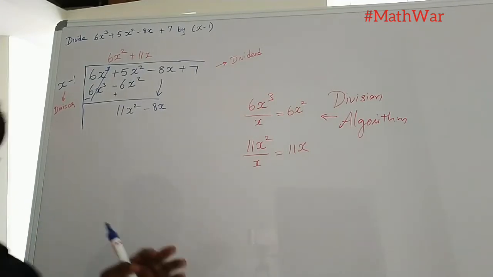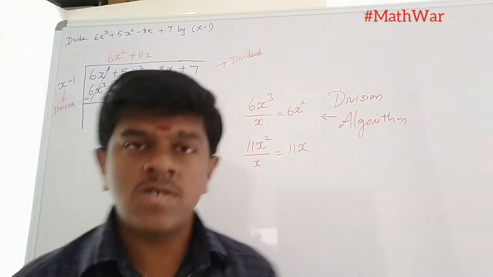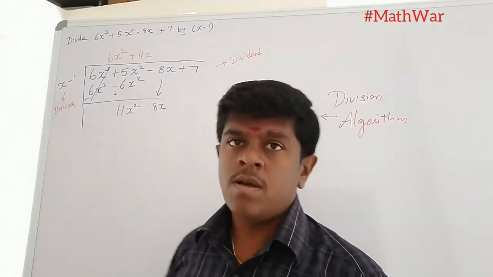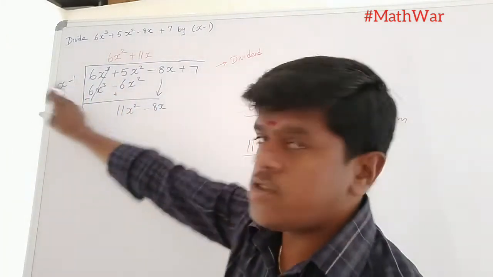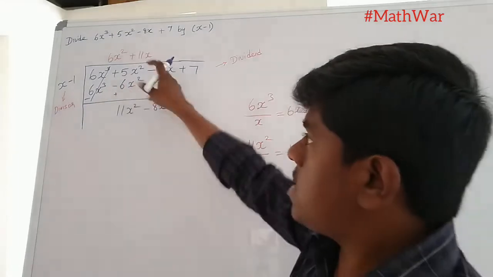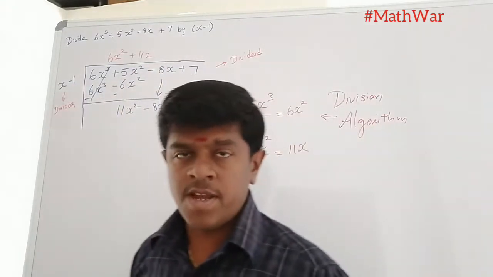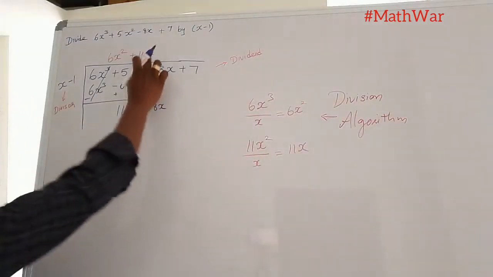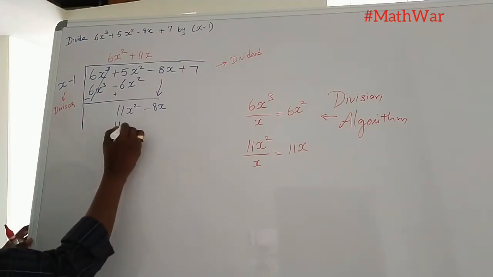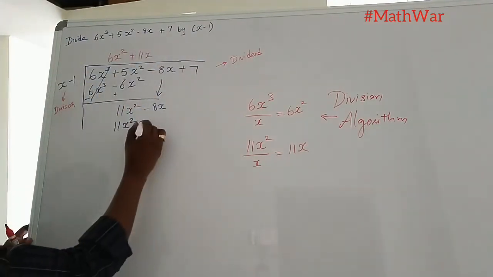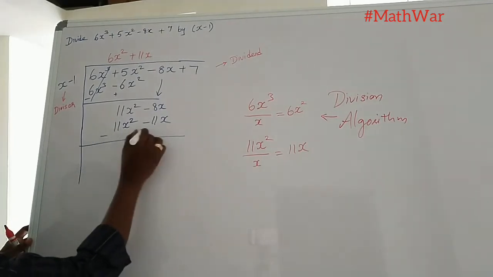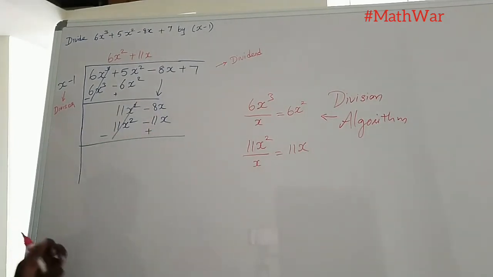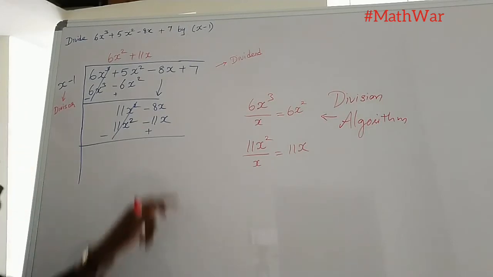Now again the same process continues: 11x should be multiplied with x minus 1. 11x into x is 11x square, then 11x into minus 1 is minus 11x. Now again, by changing the sign, 11x square minus 11x square will get cancelled.